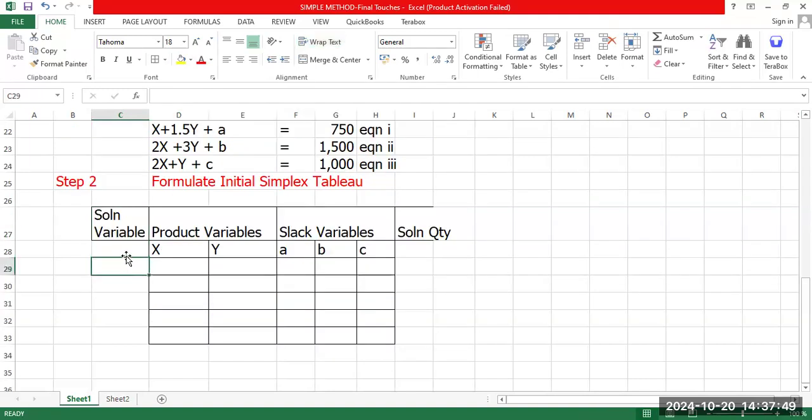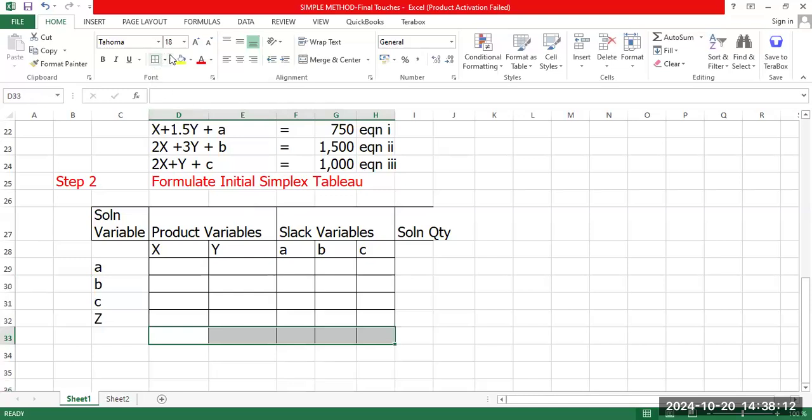That is your table. Remember, below the solution variable, we put our slack variables first, A, B, and C. Then in the last row, you put your objective function Z.